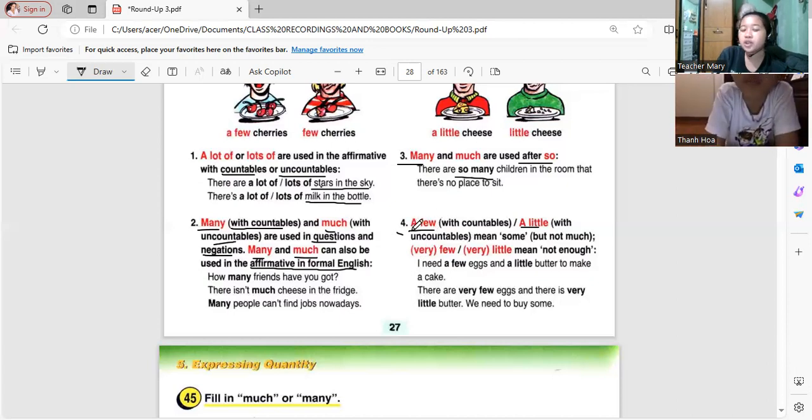So you will use a few for countables and a little for uncountables. A few with countables or a little with uncountables mean some.